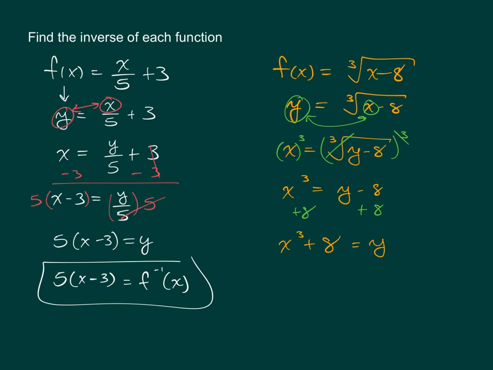So this y isn't really y, and plus we need to write it in f of x notation anyway. So this will be f inverse of x equals x cubed plus 8. So there's your inverse function for the original.